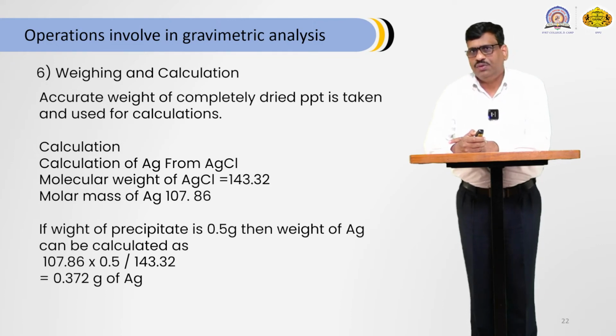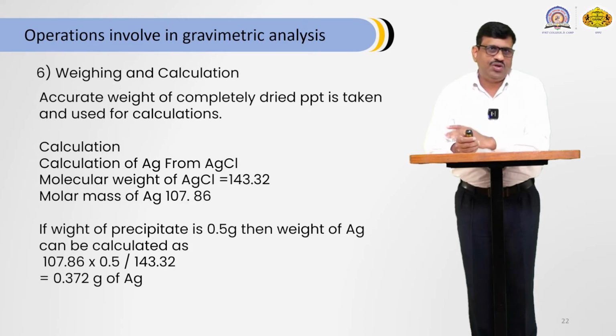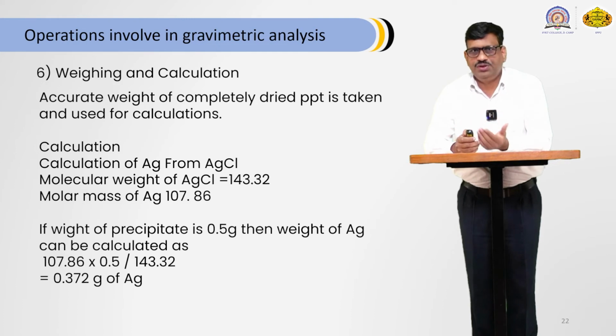For that purpose, we add chloride ions to the solution. Ag+ combines with Cl- ion, and AgCl is formed as a precipitate. After drying the AgCl precipitate, its weight is taken, and from the weight of AgCl we can find out how much Ag is present in the solution.